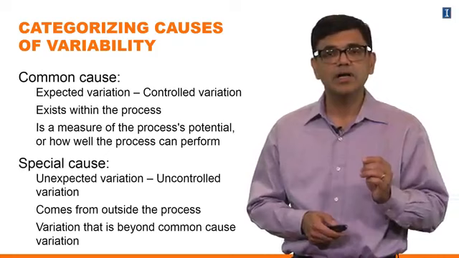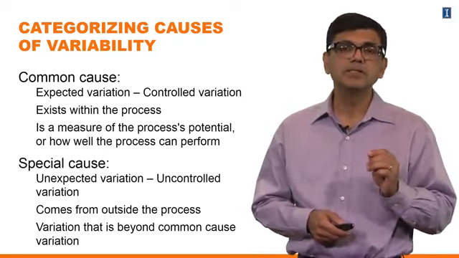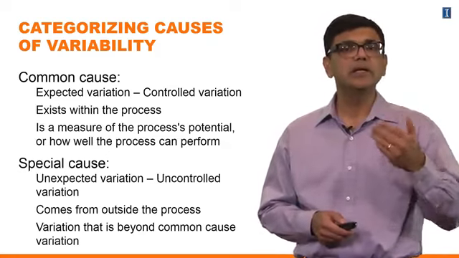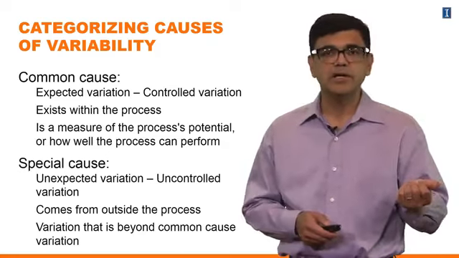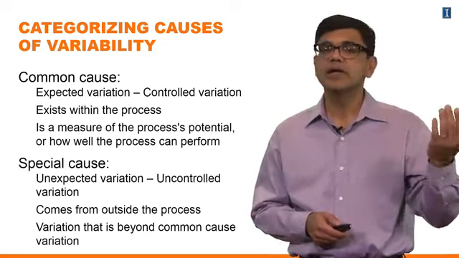But I also want to caution you that you can think about any particular cause, and there might be a fine line between either including it in common or special cause. Right? So what do we mean by that? Do I want to include some special events in common cause?